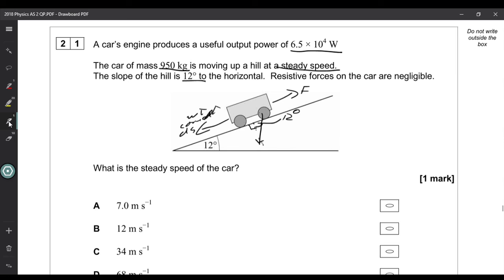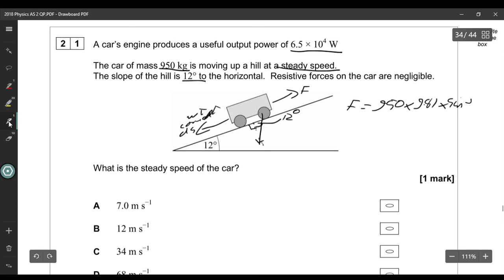So we can work out the force to be 950, which is our mass of the car, times by gravity to give us the weight, which is 9.81, times by sine theta.